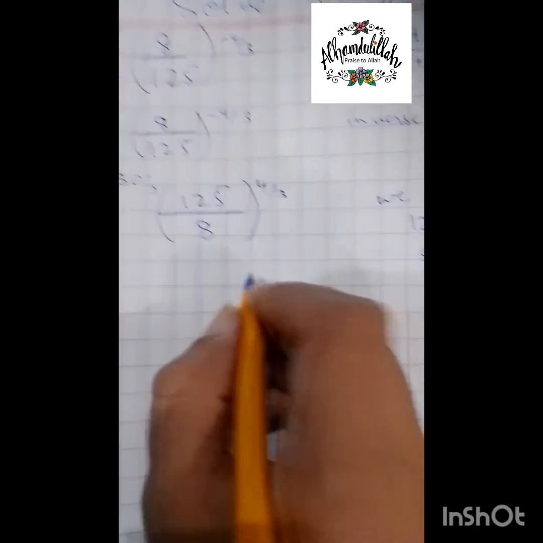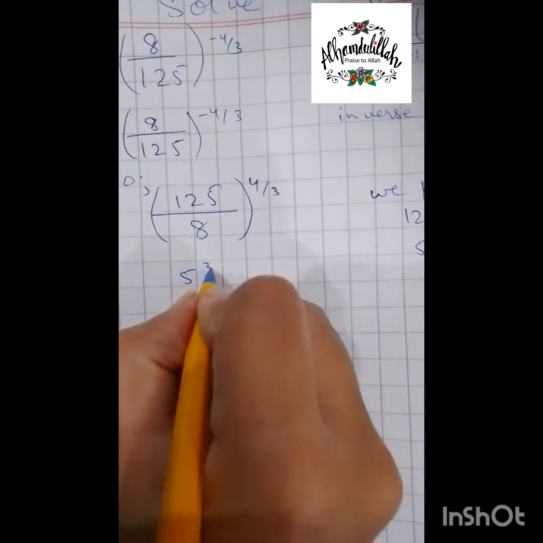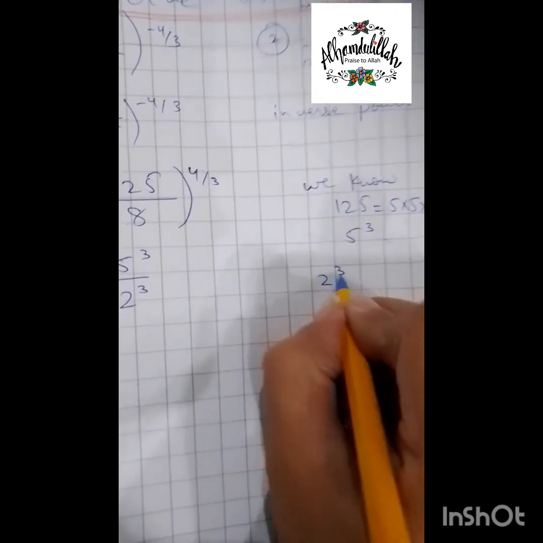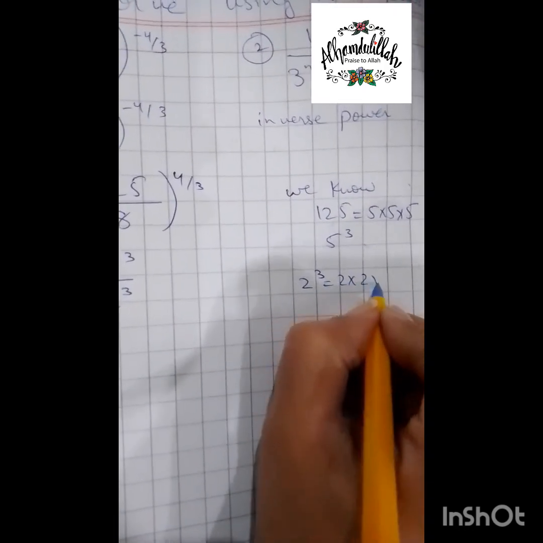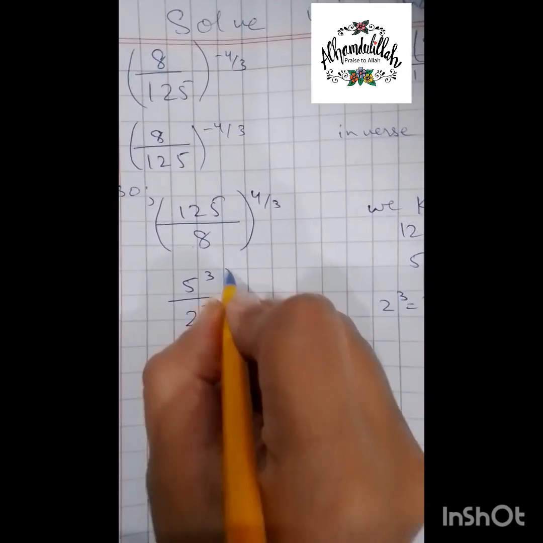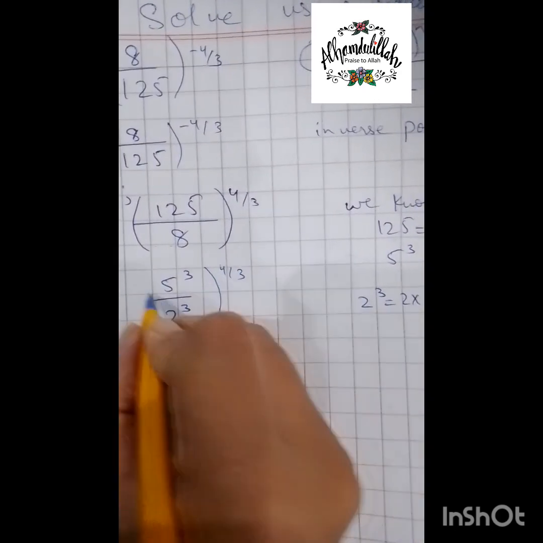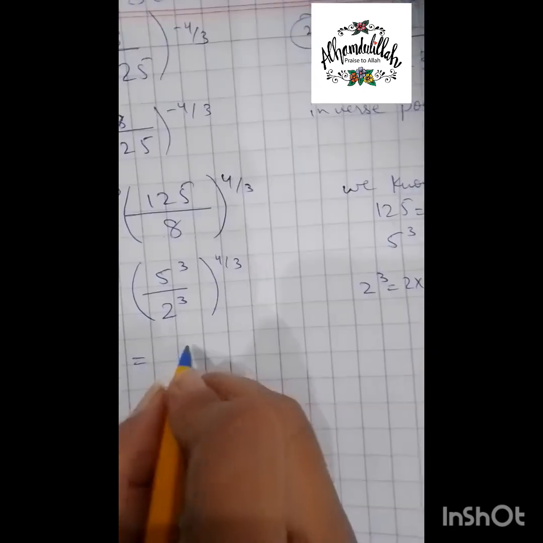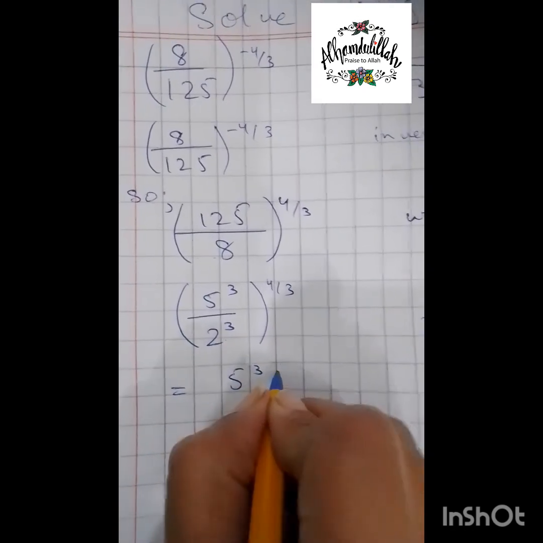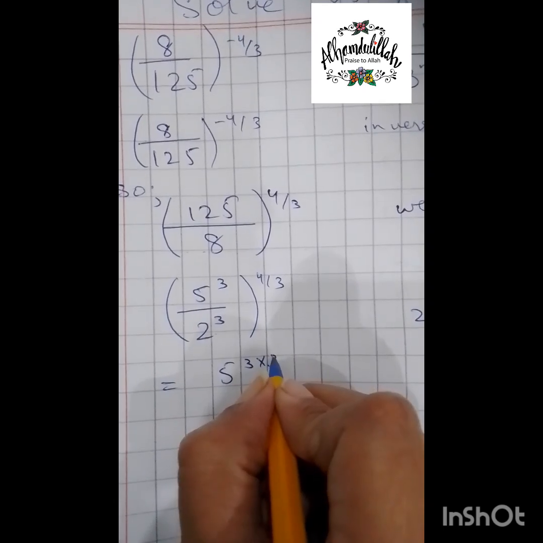Making it simplified, putting it in power form, that is a compact form. Showing you the steps, little steps, so that you grasp the concept better. 5 cube and 8 is 2 cube.